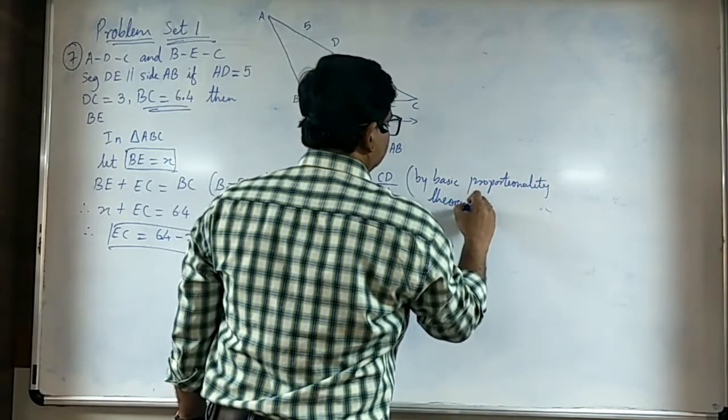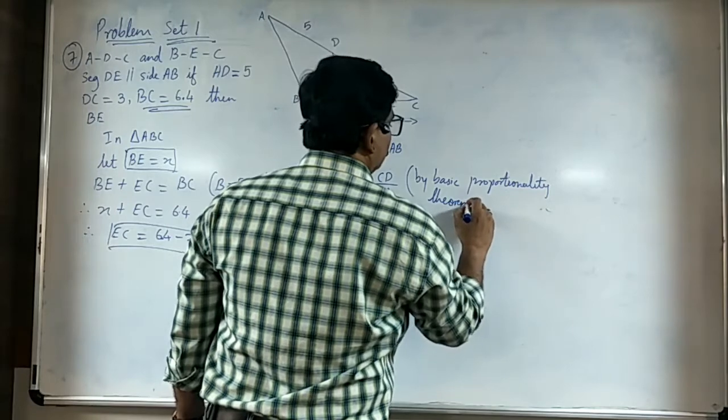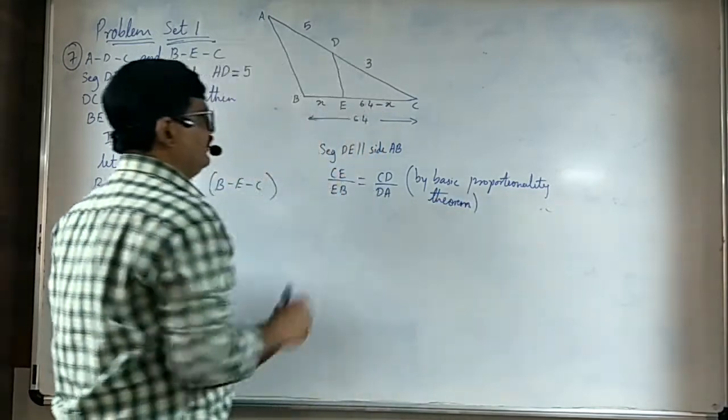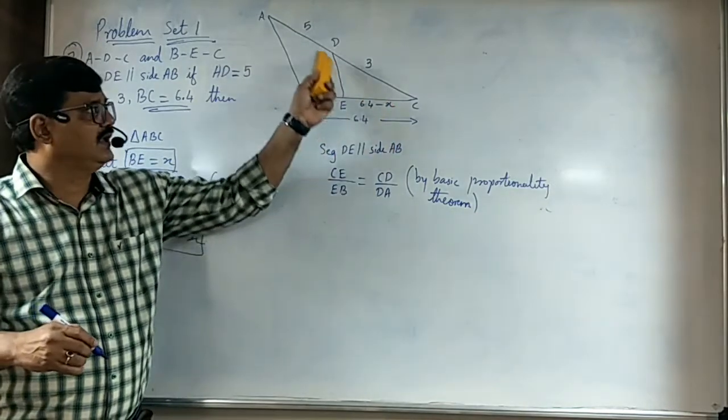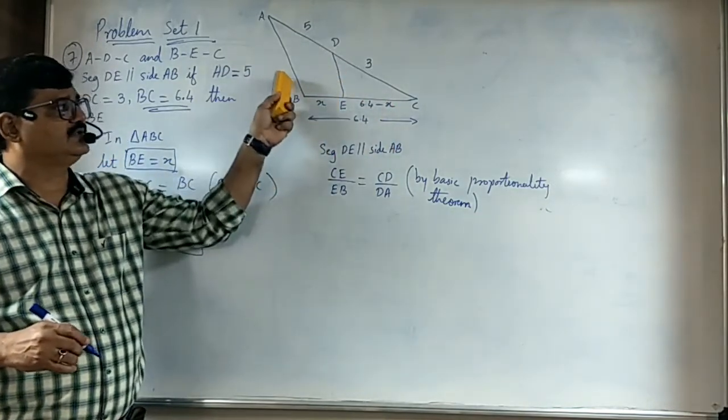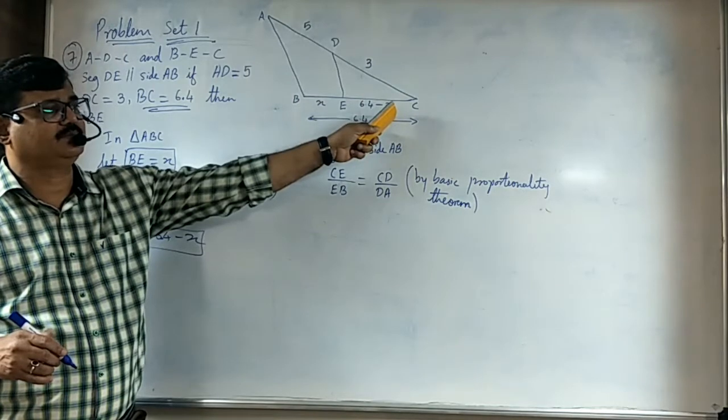You have to write the reason for where you got this ratio. Remember that, very, very important. This line is parallel to this side, so you start from C, from the top.